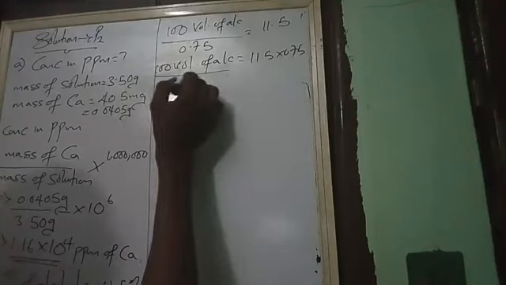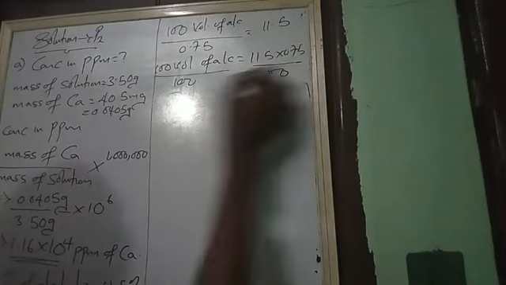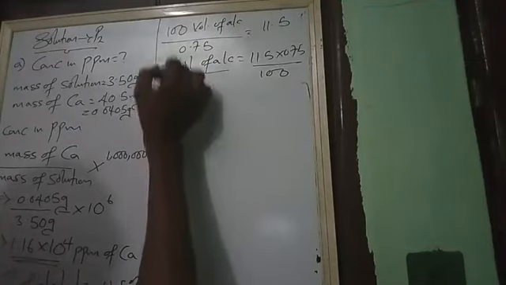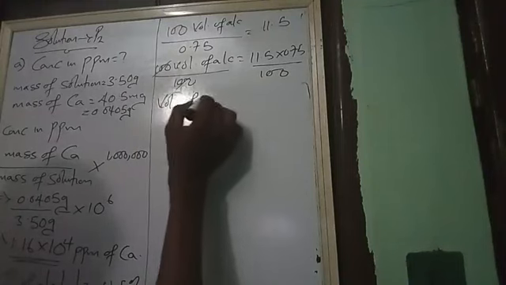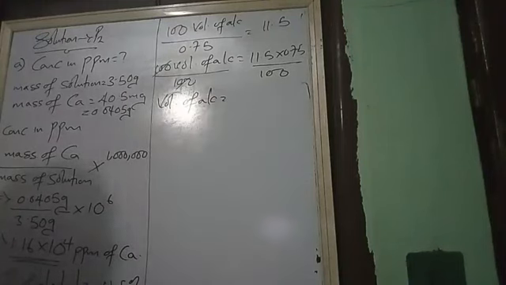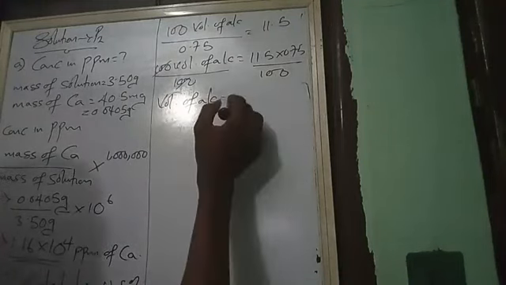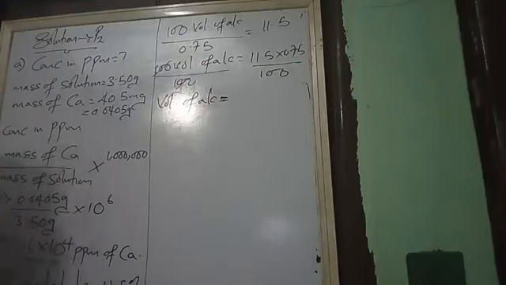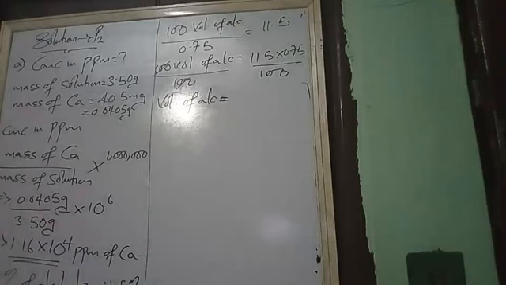I'm looking for the volume of alcohol, so dividing both sides by 100, the volume of alcohol will be equal to, when you punch this in your calculator, 11.5 times 0.75 divided by 100, which gives us the value of 0.0862 liters.